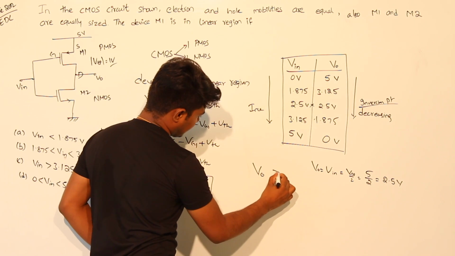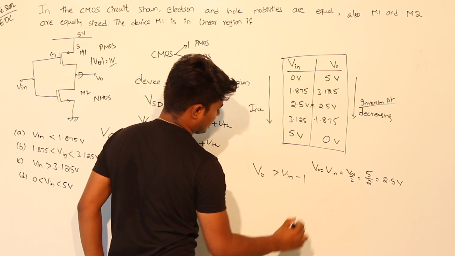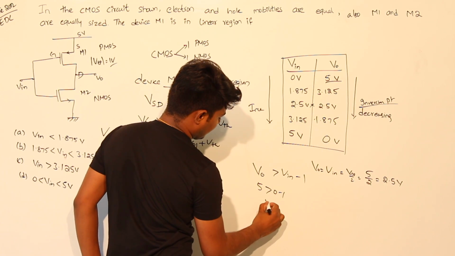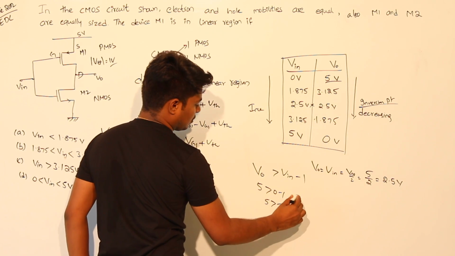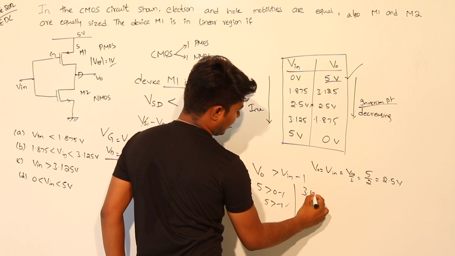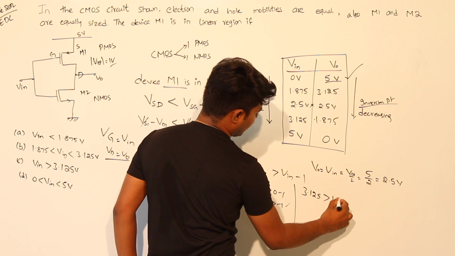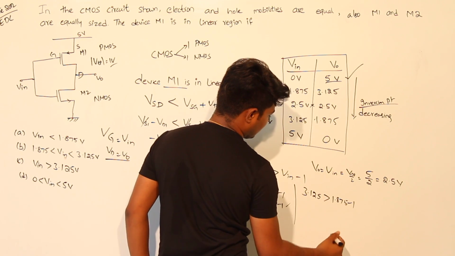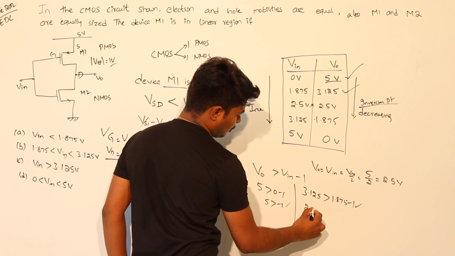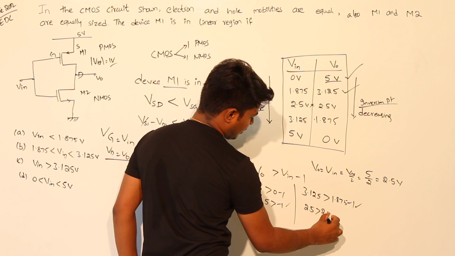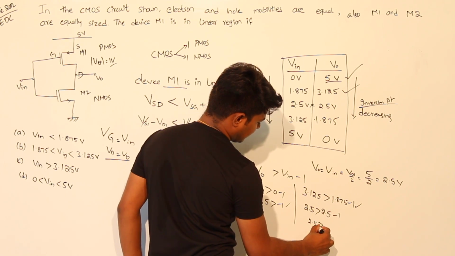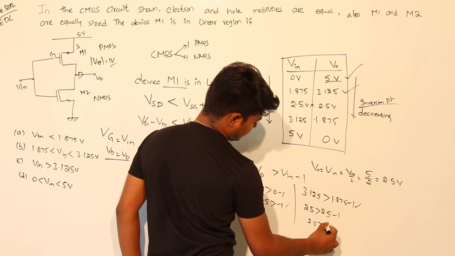The condition is V naught greater than V in minus 1. Take the first value: V naught equal to 5 greater than V in minus 1, so 5 greater than minus 1, that is true. Now take the second value: 3.125 greater than V in of 1.875 minus 1. This is obviously true, so the second one is also satisfied. Now take the third one: 2.5 greater than 2.5 minus 1, that is 2.5 greater than 1.5.